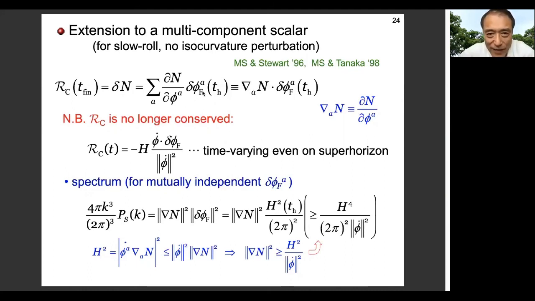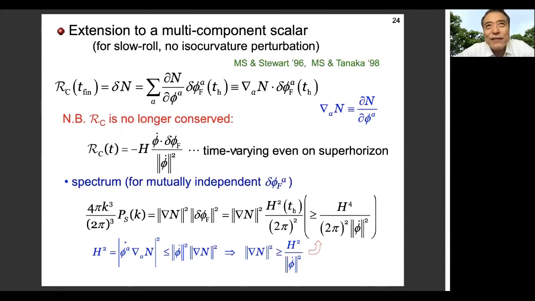So that's why at leading order you can just evaluate this delta phi at the horizon crossing. Okay, so the delta phi formalism, the delta n formalism, cannot be extended to something inside the horizon?